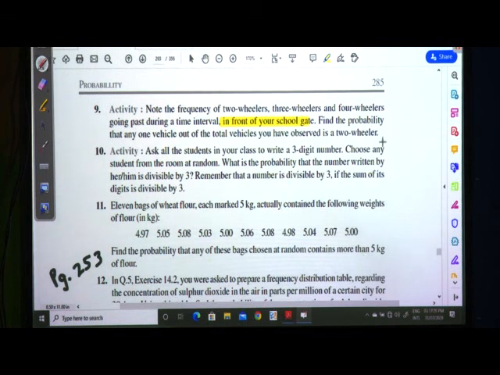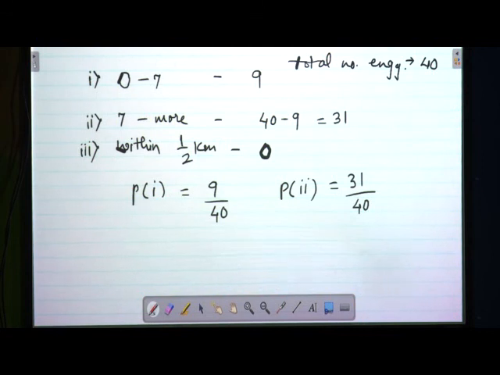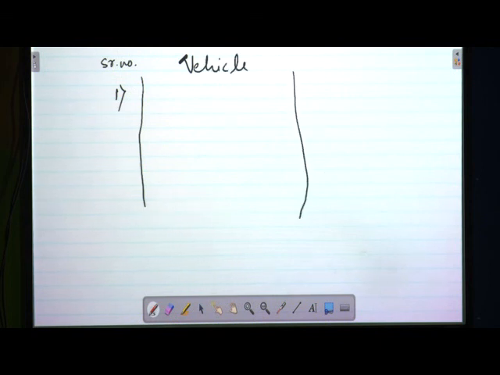I will give you a hint. Prepare a rough table like this: serial number, vehicle and frequency.